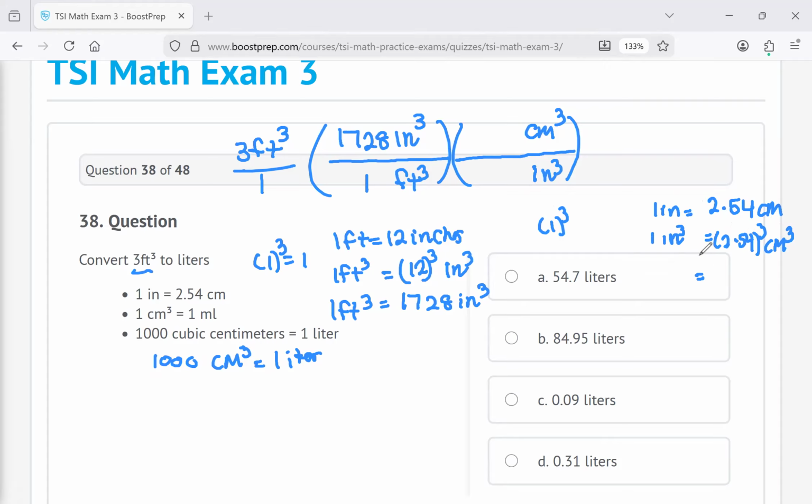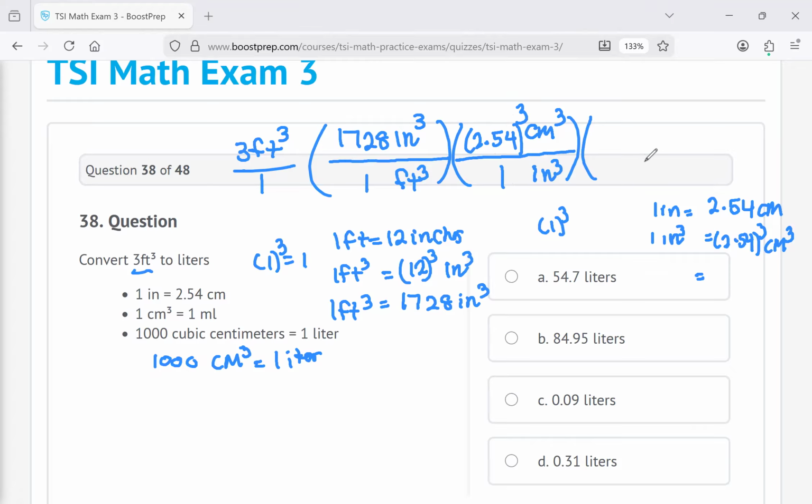So what's 2.54 to the third? It's kind of large, so I'll just leave it as 2.54 cubed, because it's a long decimal.